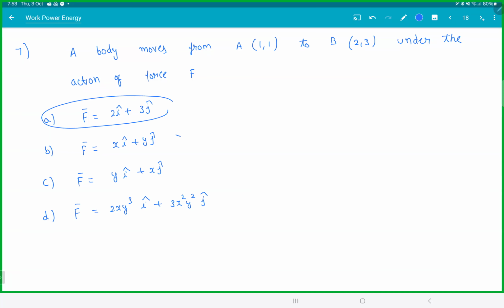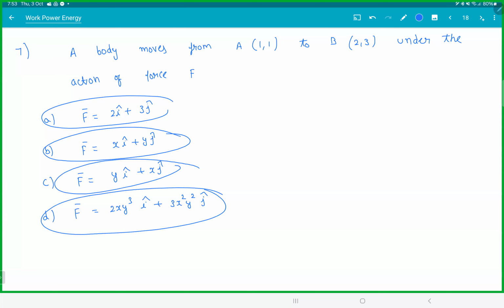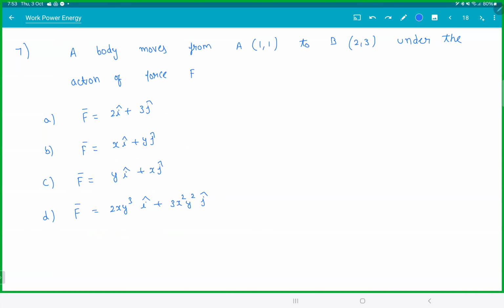With this force, x i plus y j, find the work done. With this force, find the work done. With this force, find the work done. Four different questions. Find the work done when you go from A to B.